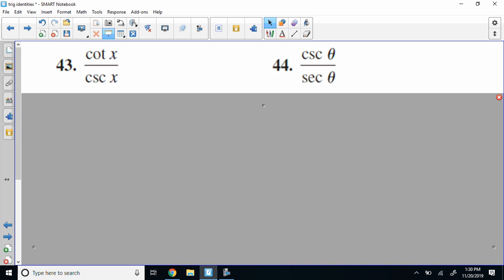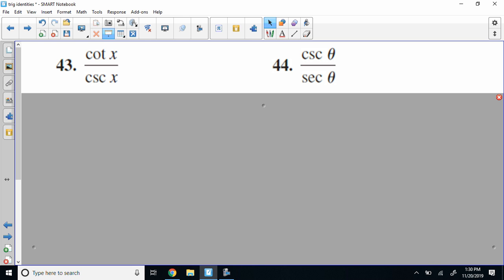On this first problem, 43 right here, and we worked it yesterday, cotangent of x, cosecant of x, right? I want you to just look at cotangent of x. Can I rewrite it? Yes or no? What are my options of rewriting the cotangent of x? Cosine x over sine, right?